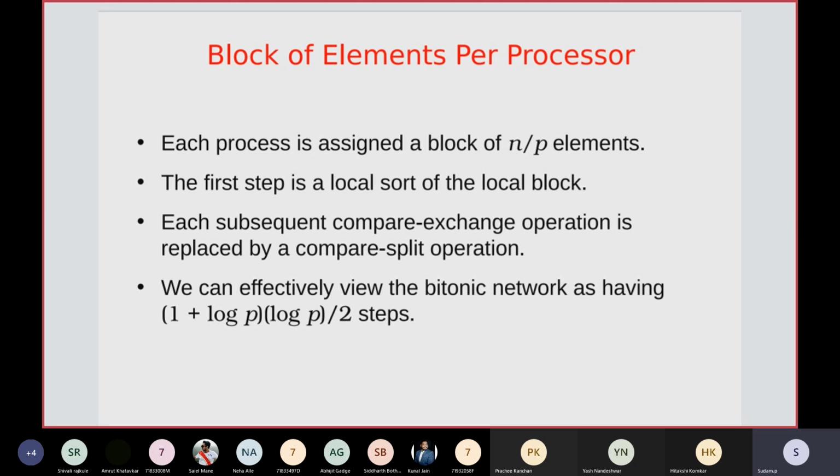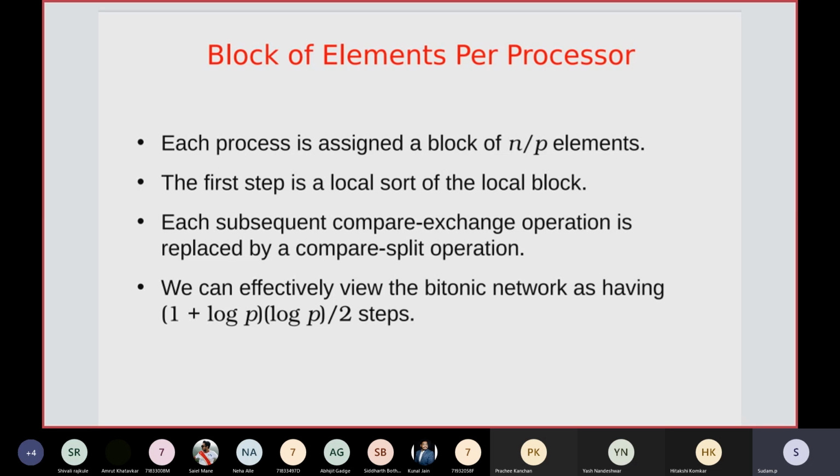Okay, the first step is a local sort of the local block only, and each subsequent compare exchange operation is replaced by a compare split operation. Compare exchange operation we have already discussed, where each processor has one element. A compare split operation is for more than one element per processor.